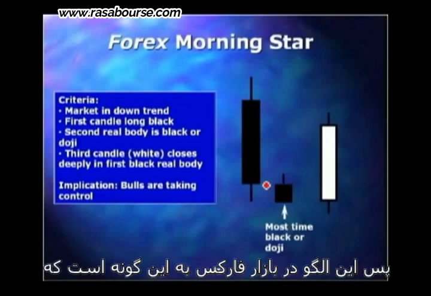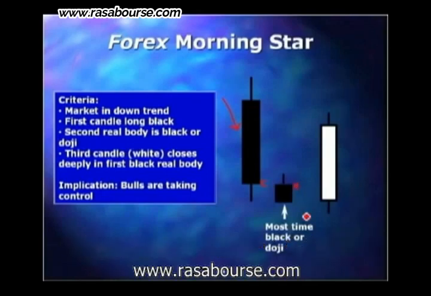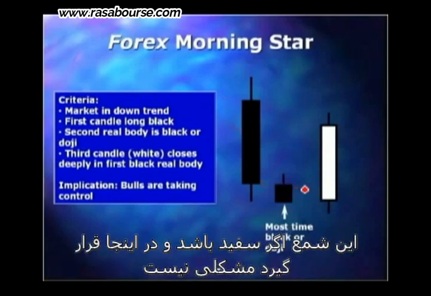So, with the Forex market, market's moving down. The close is here. The open will be here. So this is going to have to be a black real body or a doji. Okay.